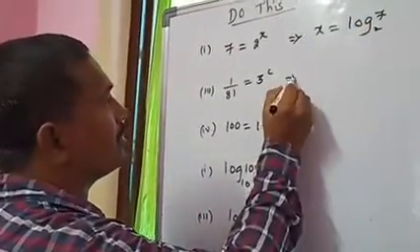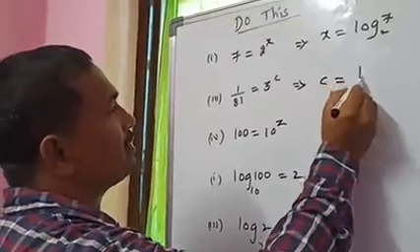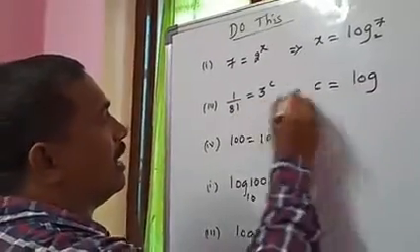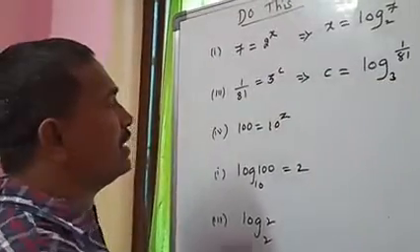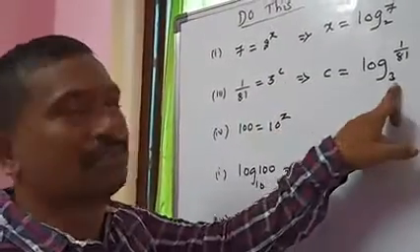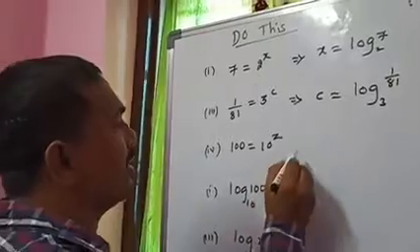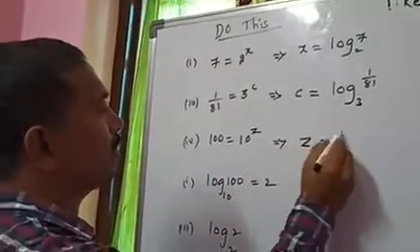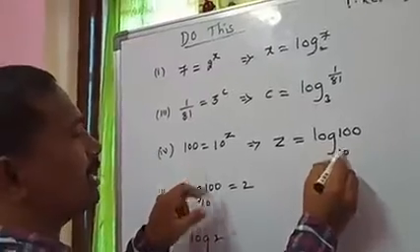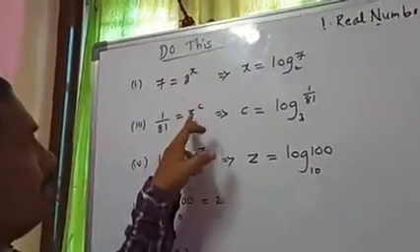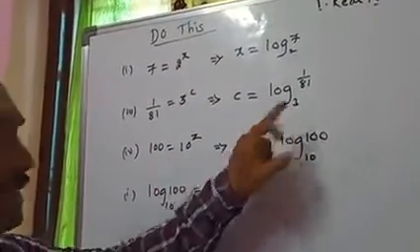Here c can be written as log 1 by 81 base 3. Here whatever the base, that becomes the base. Here z equal to log 100 base 10. Here the base becomes the log base.